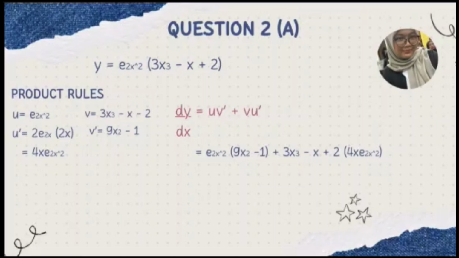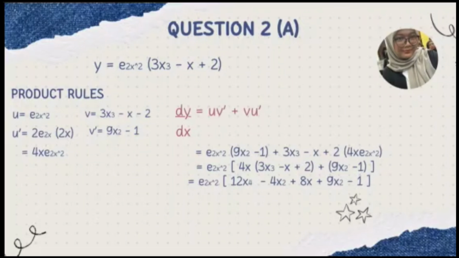After that, you put in u, v, u prime, and v prime based on the formula. Next, you need to separate the e to the power 2x squared multiplied by 2, leaving the number 4 in the bracket. After that, you solve the equation inside the bracket: 4x times 3x cubed, 4x times negative x, and 4x times 2.